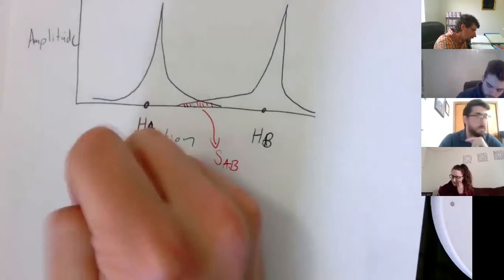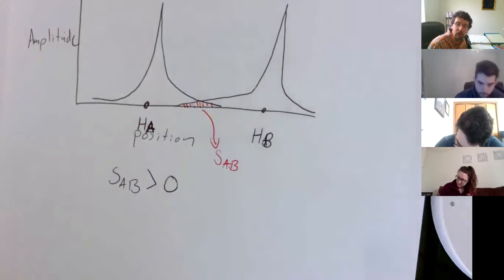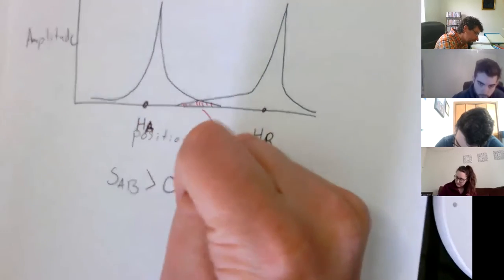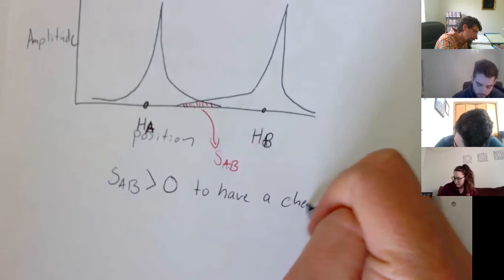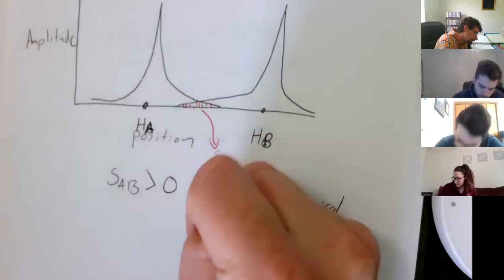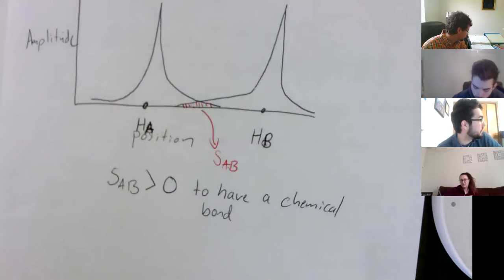Okay, so SAB must be greater than 0 in order to have a chemical bond. So it's a measure of the overlap between the atomic orbitals.